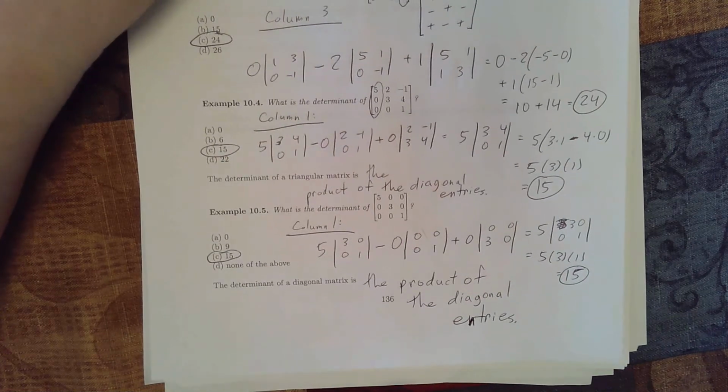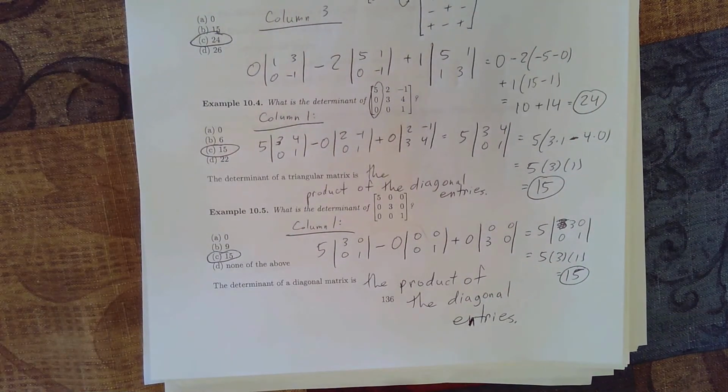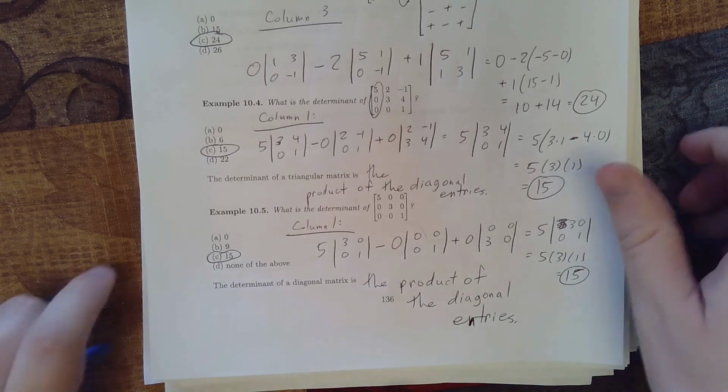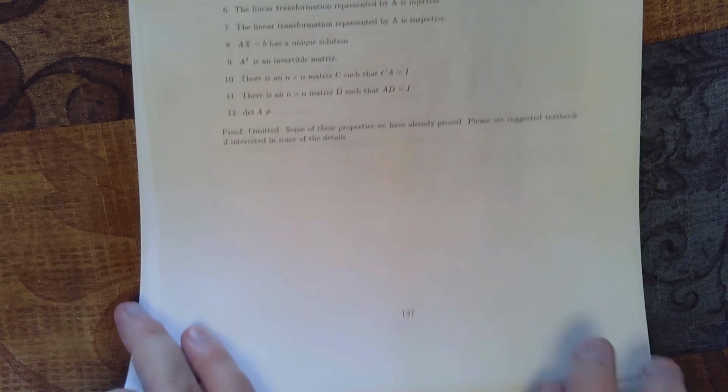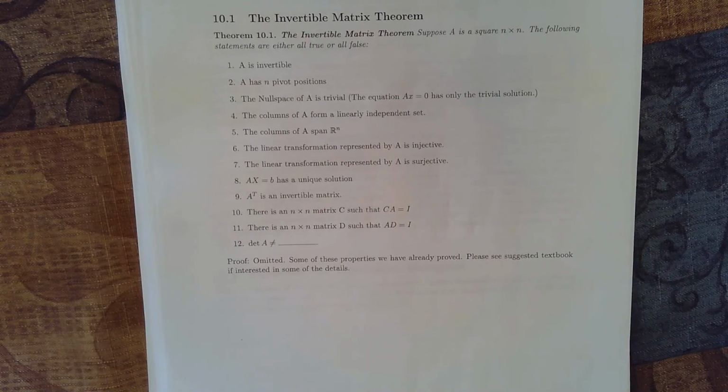So these determinants are something that are going to be very useful for us to be able to use from a computational standpoint, but they also relate a little bit to our invertible matrix theorem. So at the end of last week, we talked about the invertible matrix theorem, about how we had all of these nice properties that either were all true or all false at the same time for a square matrix.